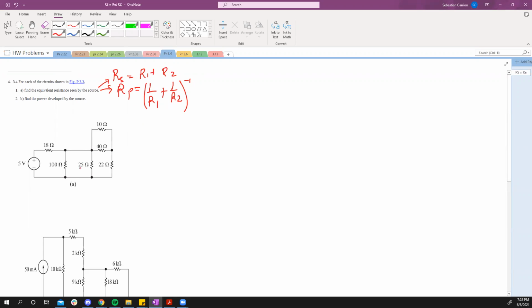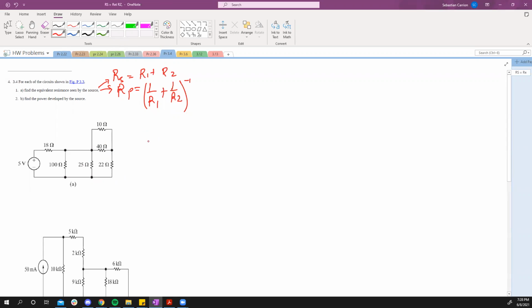So for two resistors to be in parallel, you would know this. If you didn't have any idea, you wouldn't know where to start. You could just sum these two and say they're in parallel, but there's one thing you want to notice.